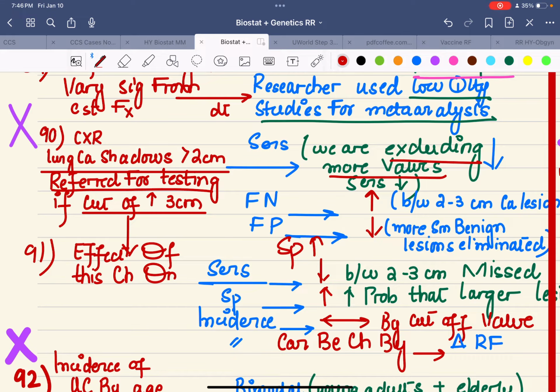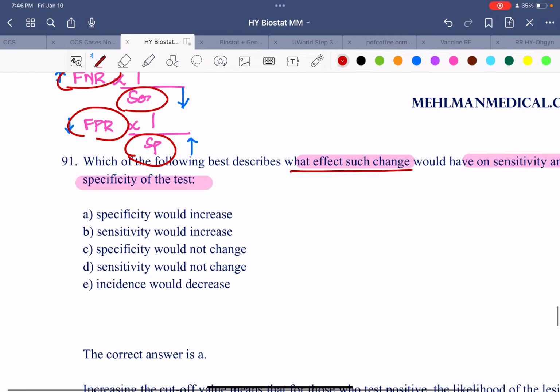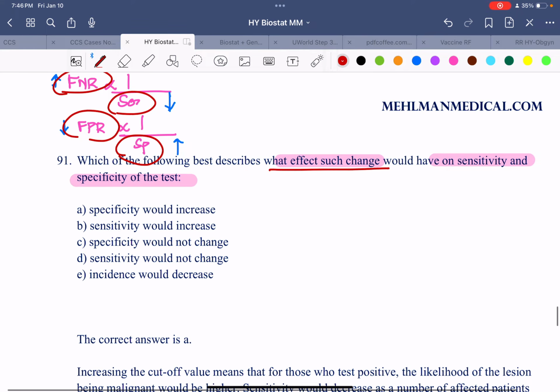And so the lesions between 2 and 3 centimeters are basically being missed. So which of the following best describes what effect such a change would have on sensitivity and specificity? We have already studied this: between 2 and 3 centimeter people are being missed, so sensitivity is going down, whereas the specificity would go up.